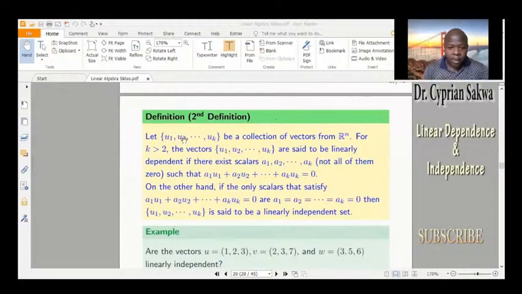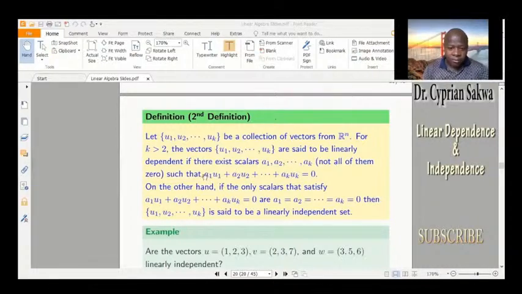Again, we have the same set of vectors, u1, u2 up to uk. When do we say that they're linearly dependent? We say that these vectors are linearly dependent if we can obtain scalars r1, r2 up to rk, not all of them 0. Some could be 0 or not 0, but not all of them 0.